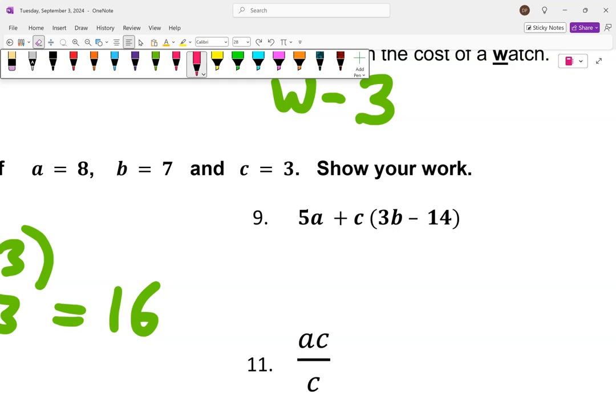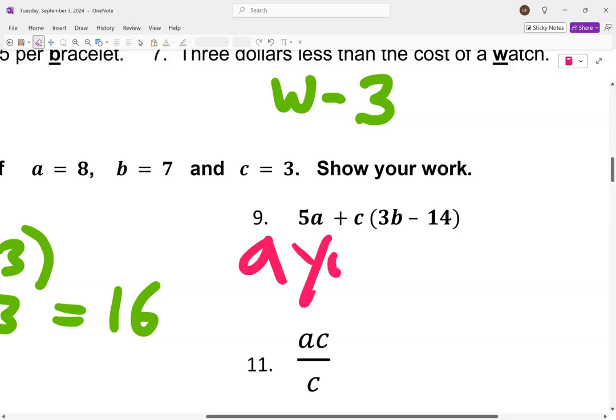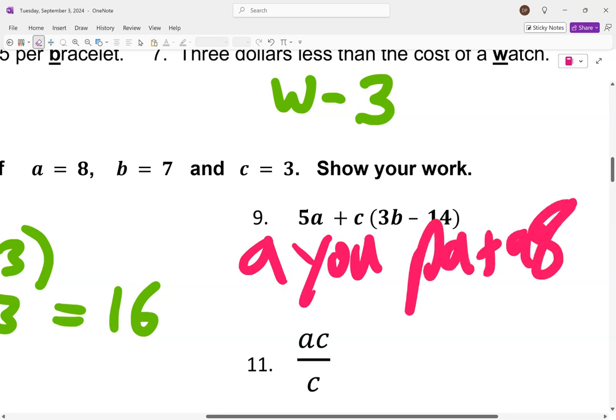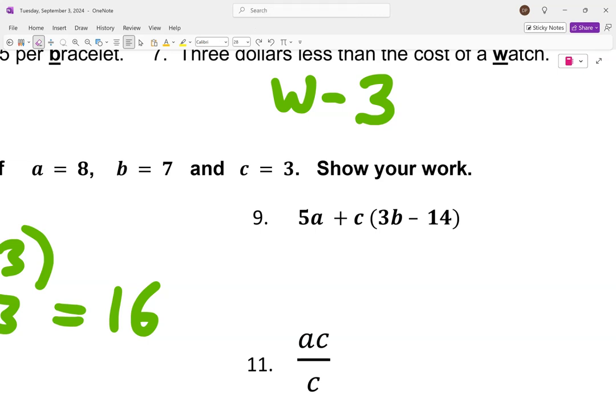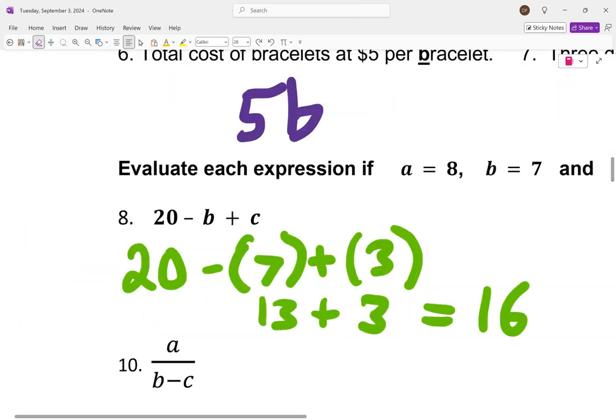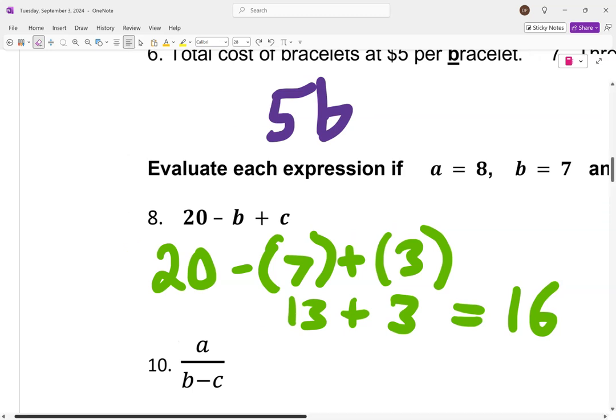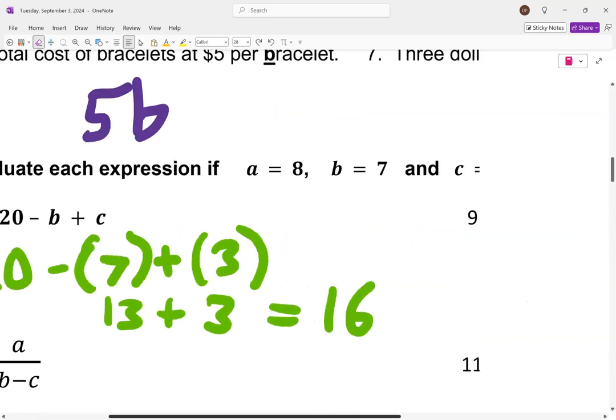Okay, so A is equal to 8. So you need to tell me what to write, please. Like cross out the A and put an 8? No, we're not going to do that. We're going to do what we did here. We're going to write out the problem. This is how you show your work, if you have to do it.